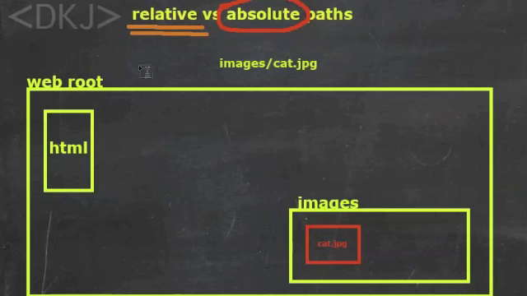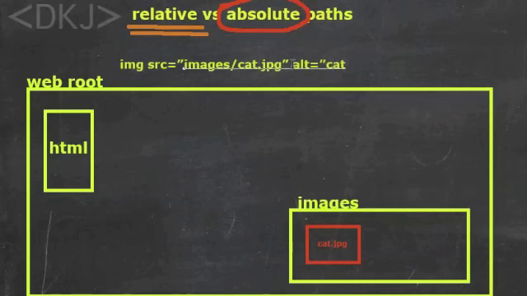Using it this way, your full image tag would look like this. There you go. This is what the inside of your image tag would look like: images/cat.jpg.